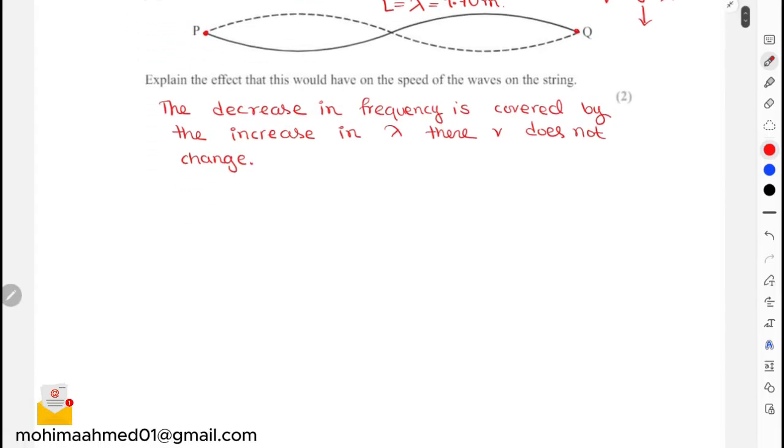That is one possible answer. Another possible answer is that tension and mu remain the same, so velocity does not change.